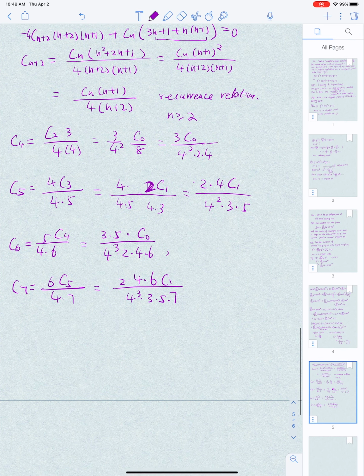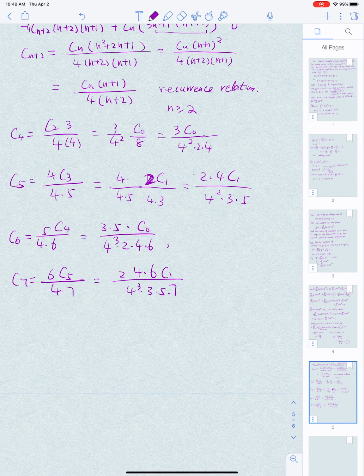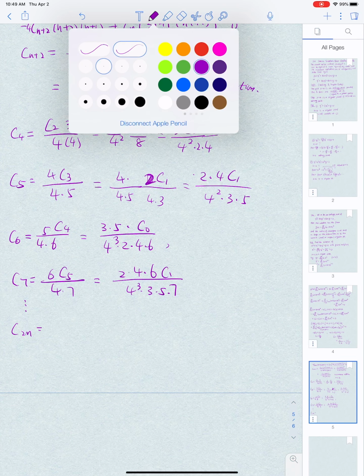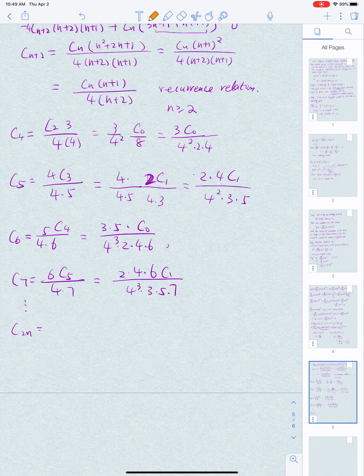All right, so now we can see a pattern. That is, for the even index, we can think of it, everything, so here is even, this is even. So we can think of the top as starting from 1 times 3.